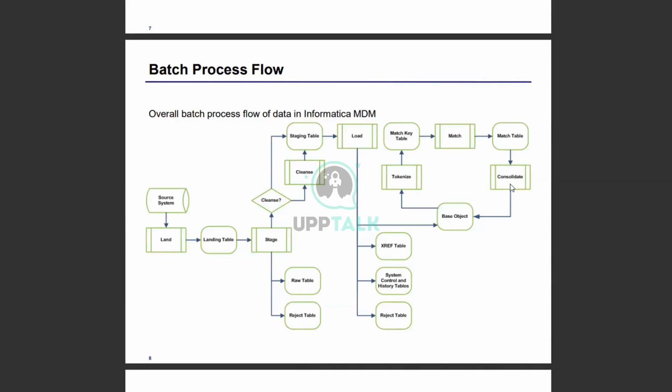And that is how we get our golden record. In MDM, the golden record means the final record which has been created after all the processing has been done by MDM.